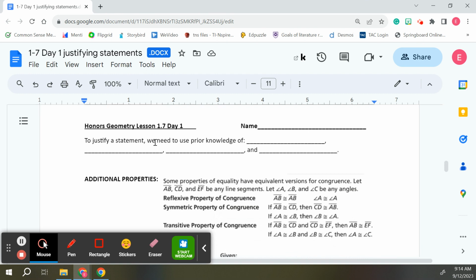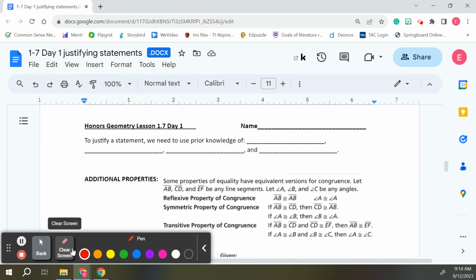Okay, so to justify a statement, we need to use prior knowledge of, in this case, definitions, postulates, properties, and theorems.